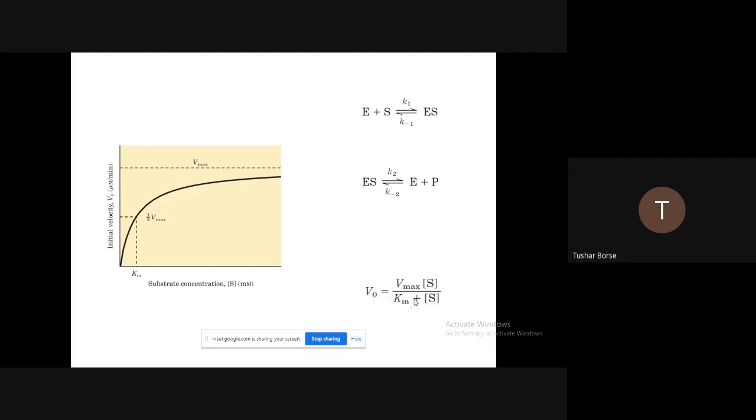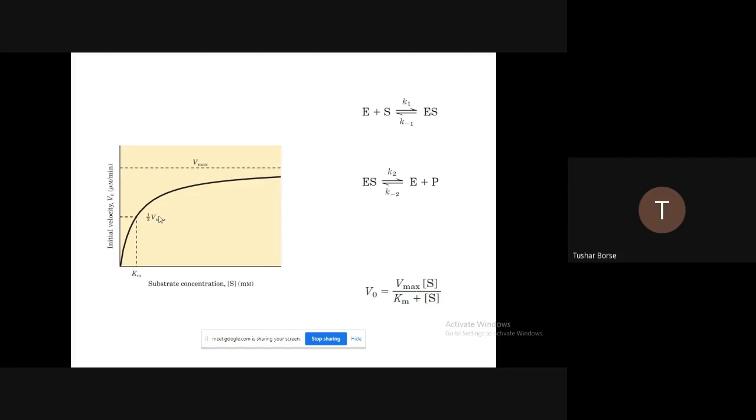Sorry, not the rate constant, but the Km. Km is a term which relates to the affinity of the enzyme toward the substrate. We may talk about this at a later stage, but you have this equation which we want to derive. Before I go on to explain the different hypotheses, we should understand what the different forms of the enzyme are which you may come across.